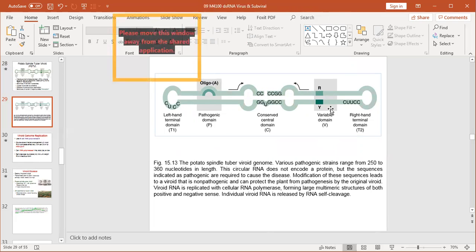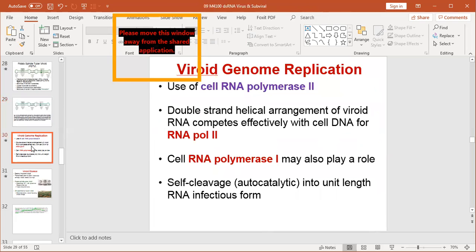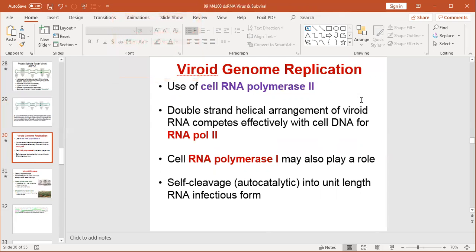Then, closer to the right-hand side, we have a V or variable domain. Okay, so let's see what's going on. Remember, I mentioned that viroids appear to be capable of autonomous replication. So let's see how the viroid genome replication will happen.